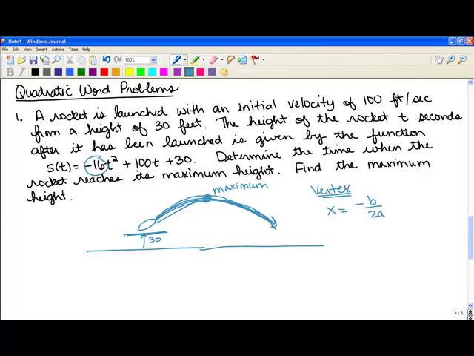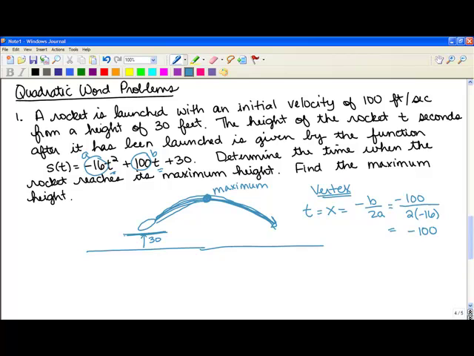A is negative 16 and b is 100. Now notice that our variable is t, so we should really write t equals negative b divided by 2a. Alright, so we'll plug in 100 for b, so that's negative 100 divided by 2 times negative 16 is a.